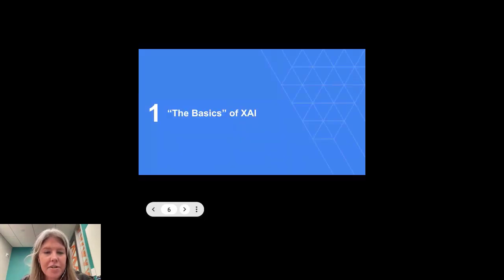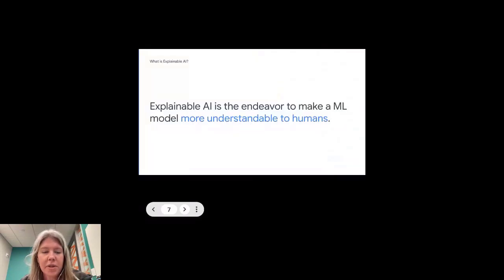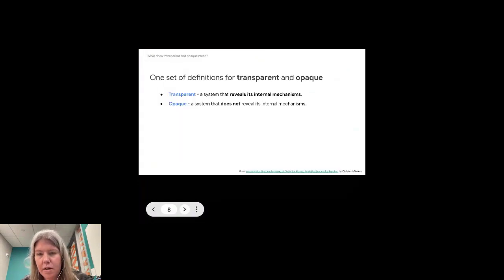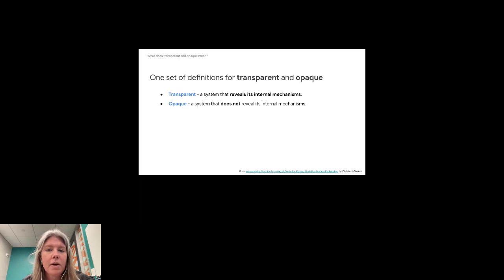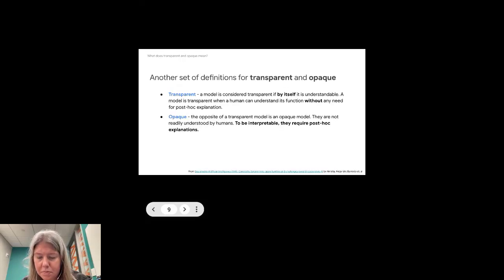Just getting into the basics. Explainable AI in a nutshell is the endeavor to make machine learning more understandable to humans. There might be some terms that you're familiar with. A lot of times people will use terms like transparent or opaque; sometimes people use the term black box. One set of definitions is that a transparent system is a machine learning system that can reveal its internal mechanisms, and an opaque one is one that does not.